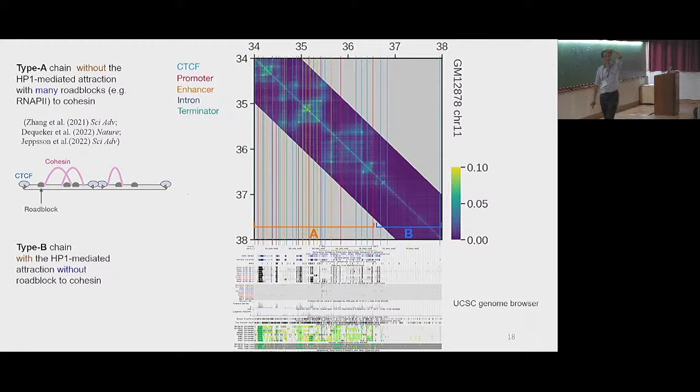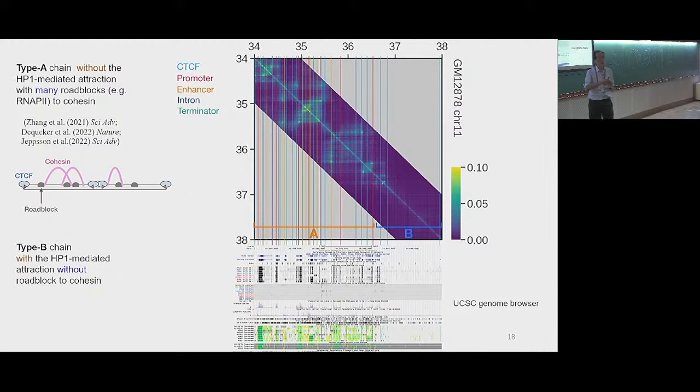This is still under argument. Traditionally people think that cohesin is loaded at the transcriptional sites, so the cohesin loader protein is recruited by RNA Pol II or something like that. This is one assumption.